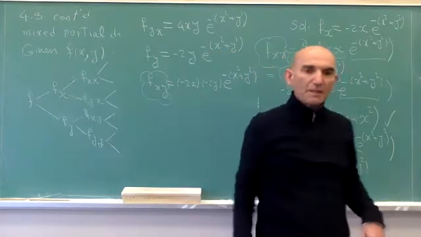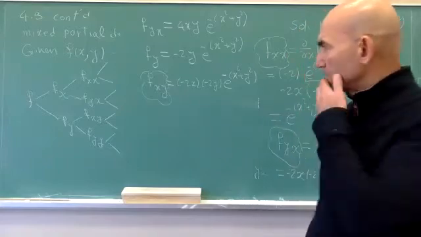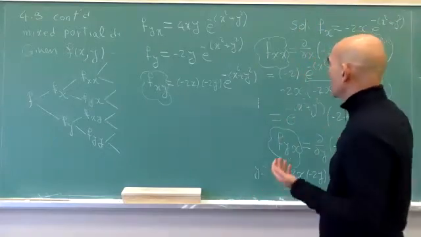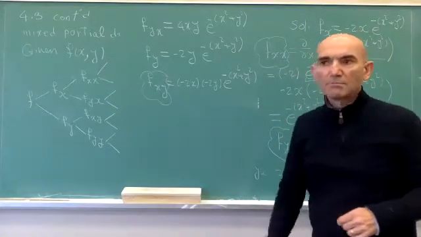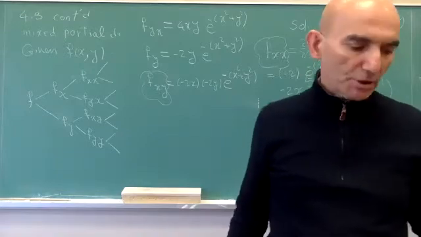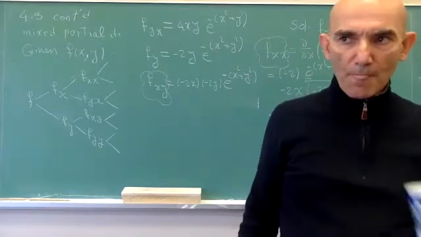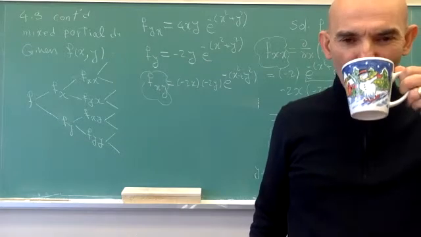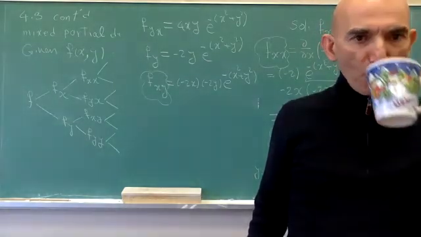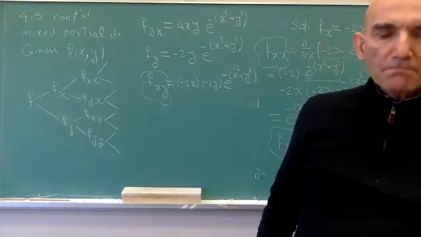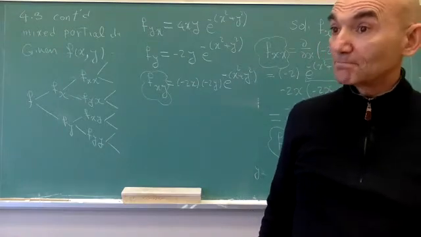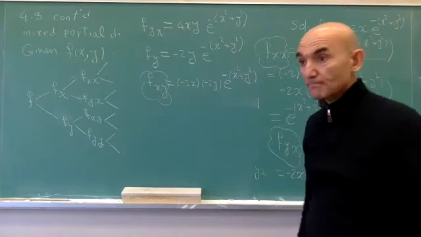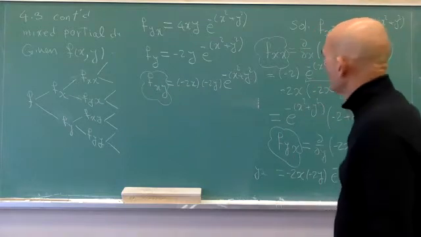Now, do you see anything interesting in this calculation? Do you see any interesting pattern or maybe feature here by any chance? Yeah. That like the order didn't matter if we did x first or y first. Exactly.